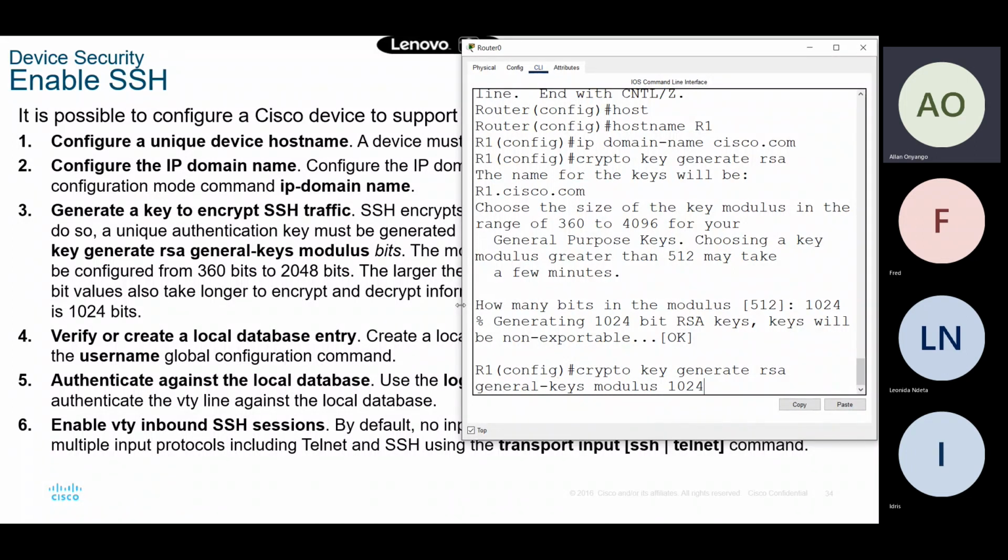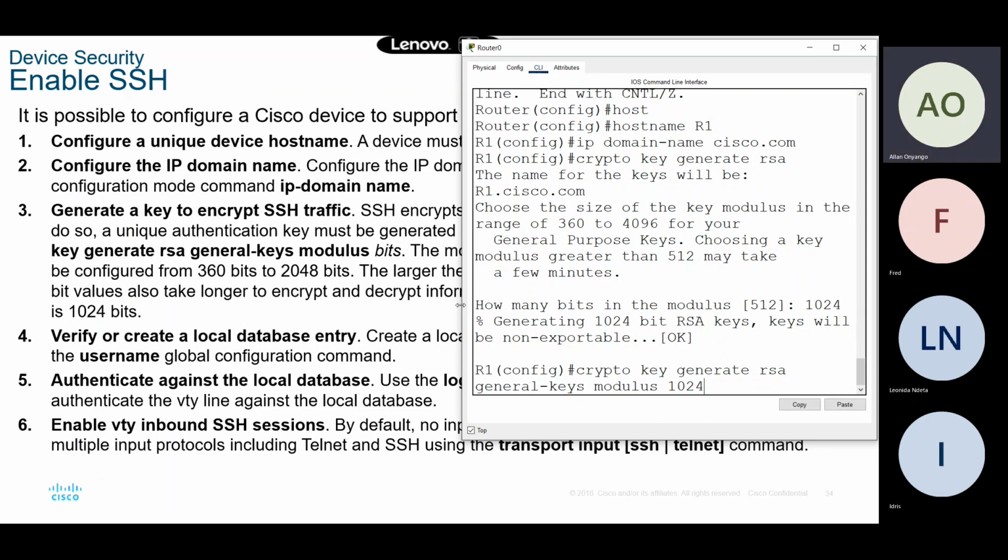So here you put everything on the same line. The first step, when you reach rsa, you press enter, then you put 1024. So you choose whatever. All of them are actually okay. This number, 1024, is the number of keys that you want to generate, but the number can range from 360 all the way to 2048. But the most commonly used is always 1024.